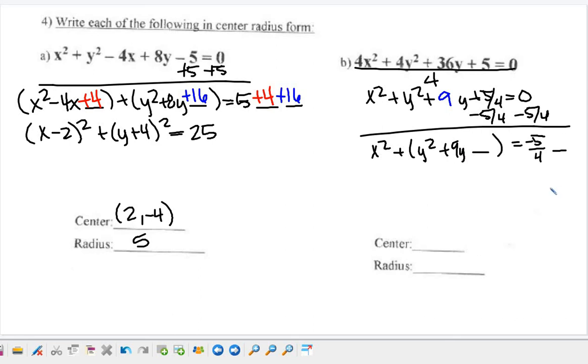Half of 9 is 9 over 2, and 9 over 2 squared is 81 over 4. So then we have 81 over 4. Whatever I do to the left, I have to do to the right. So I have x squared plus y plus 9 over 2 squared is equal to 81 minus 5, which is 76 over 4.